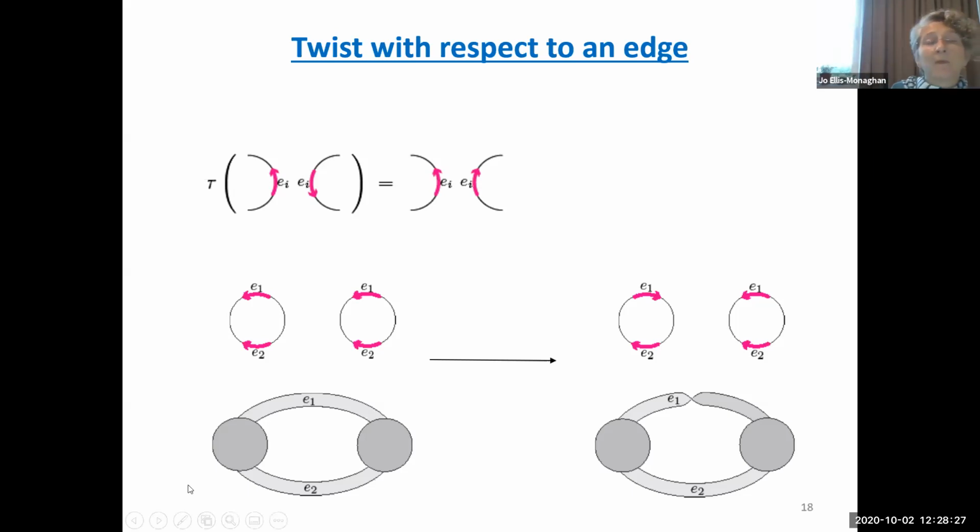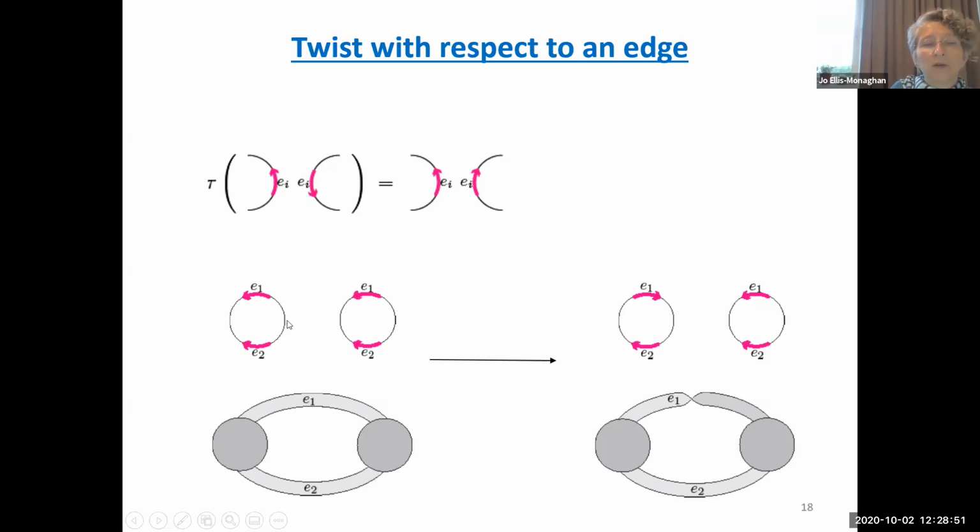The way you twist just one edge in a ribbon graph is you pick it up and give it a half twist. For a disc representation, if you've got the two arrows, you just change the direction of one of the arrows on the discs.